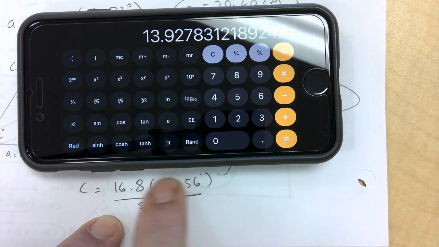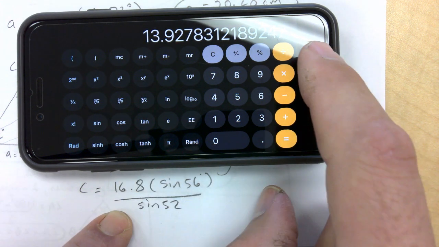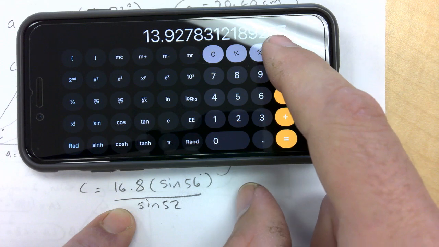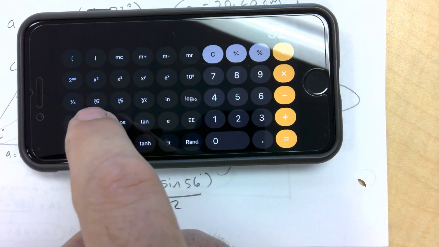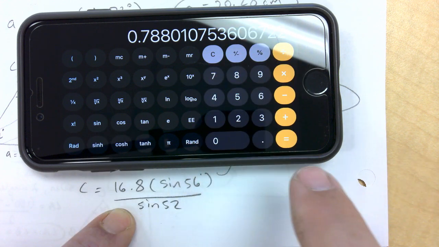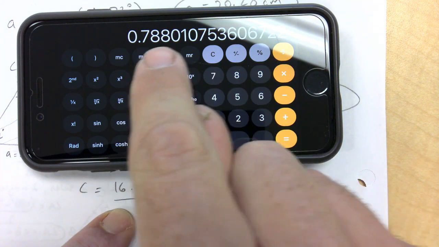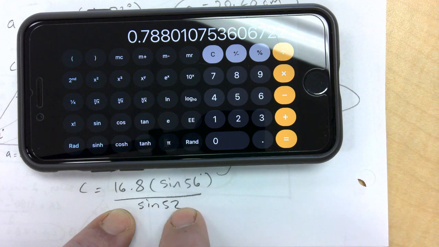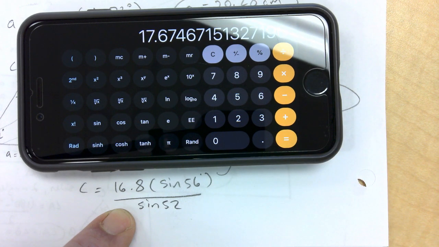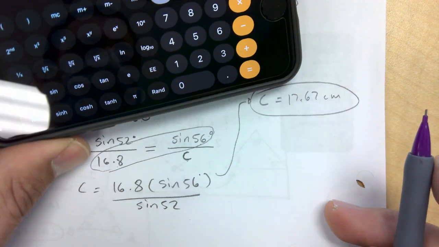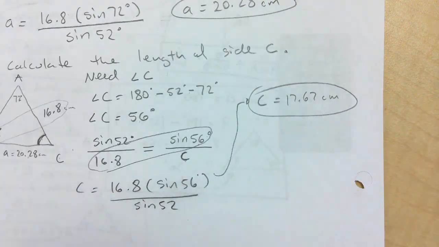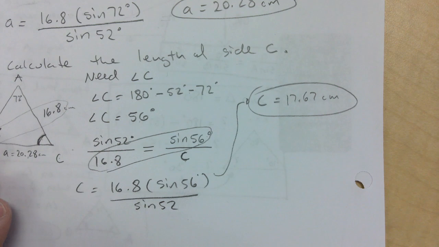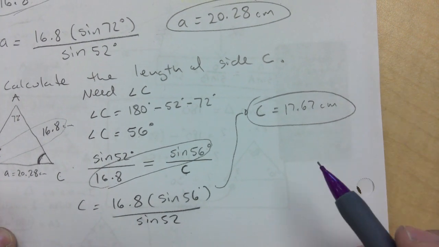You get what's up top now. Watch this. This is where it gets tricky. Divided by 52 sine, and then press equal one more time, because right now you're just seeing what sine of 52 is. It equals. And so that's where you get the same as me, right? 17.67. So that's the trick there, which is on video, so you can check it.